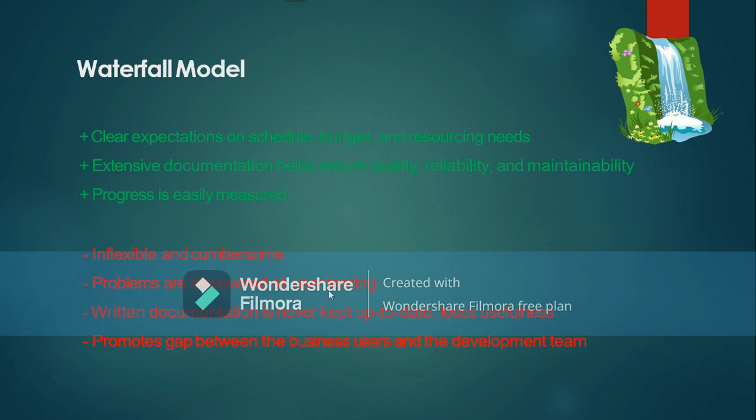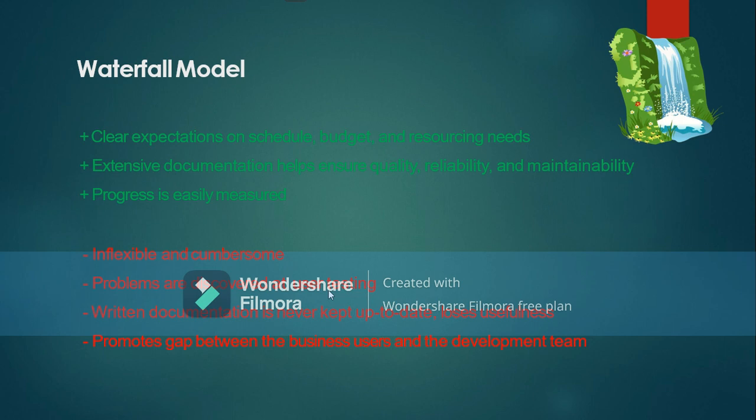So now we talk about the model's pros and cons. Everything comes with pros and cons. The pros of this model are that we are very clear in context to everything that we are doing. If 10 people are working on a project, then it's only 10, the 11th cannot work. Budget is fixed.